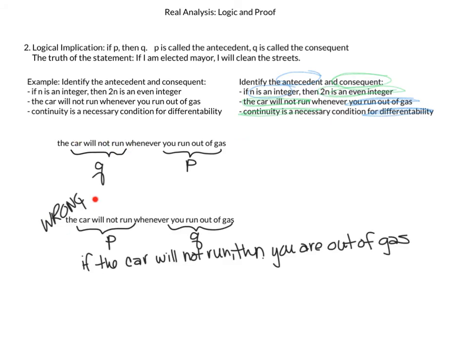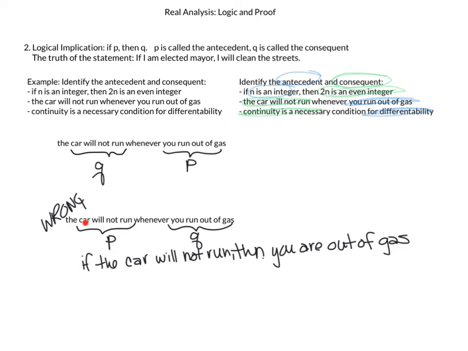If we had done this incorrectly, so this is wrong, but if we had labeled the car will not run as the antecedent and you run out of gas as the consequent, then our implication would be: if the car will not run, then you're out of gas. But that's not really the same thing as what this is saying, because it's talking about what happens when you run out of gas.